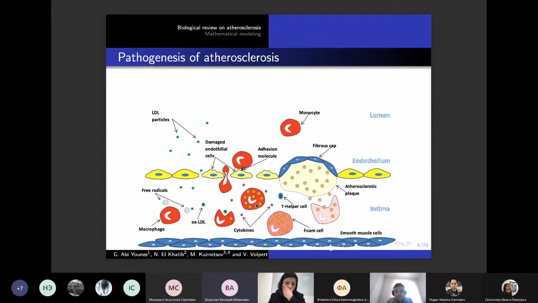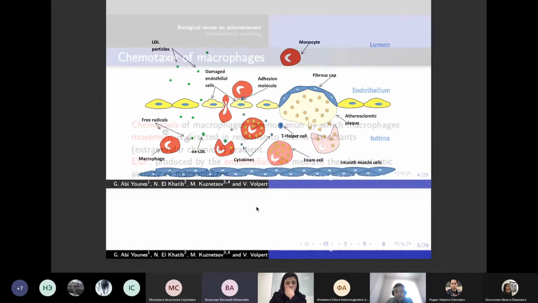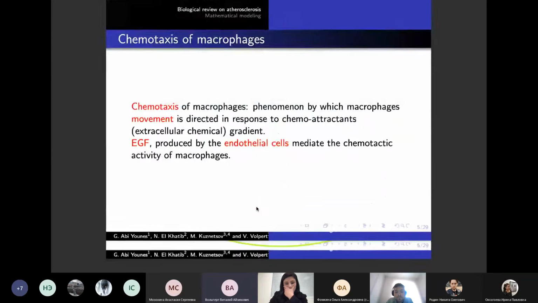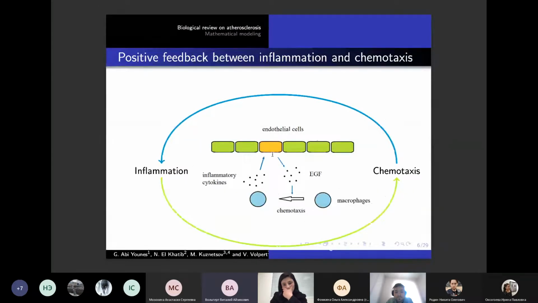So here we have this positive feedback which Gada mentioned just before. Endothelial cells respond to inflammation and produce, in particular, endothelial growth factor, and as a consequence, macrophages move to this inflammation place, produce even more inflammatory cytokines, recruit even more monocytes from the blood flow, and activate even more endothelial cells. So this is how it works.